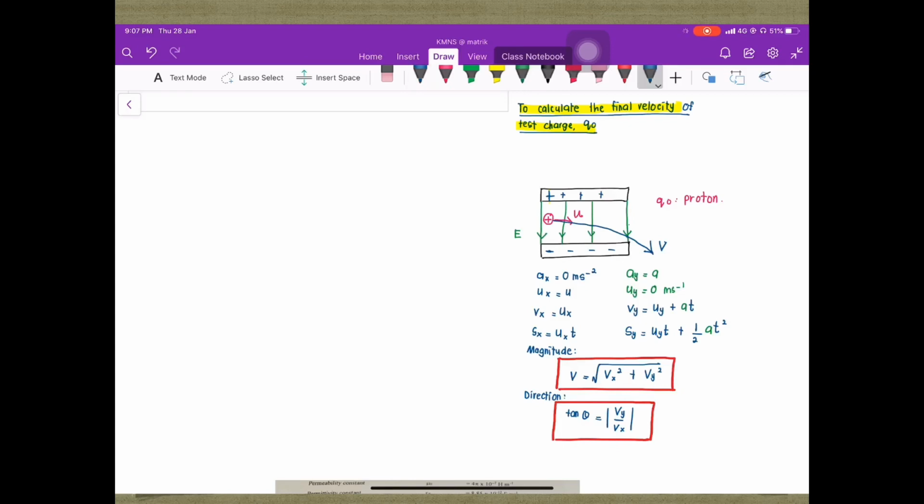I want all of you to focus on this part, the inclined vector. We need to find Vy and Vx.